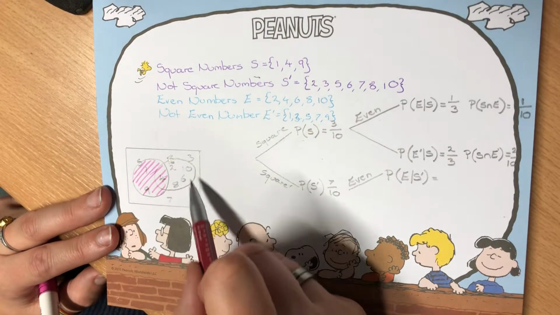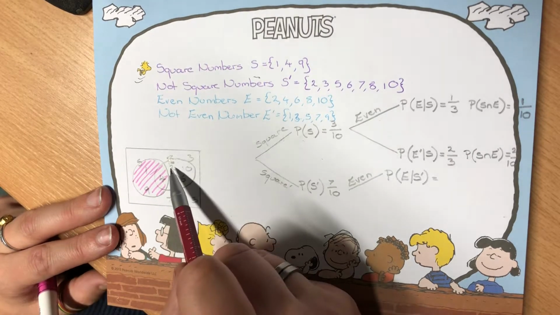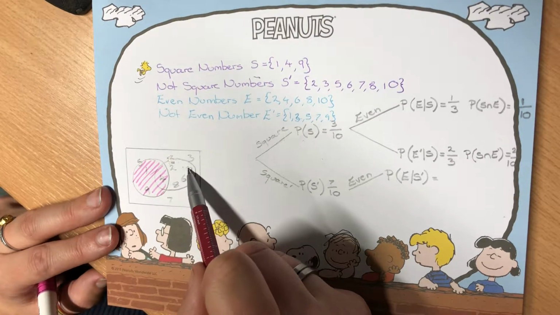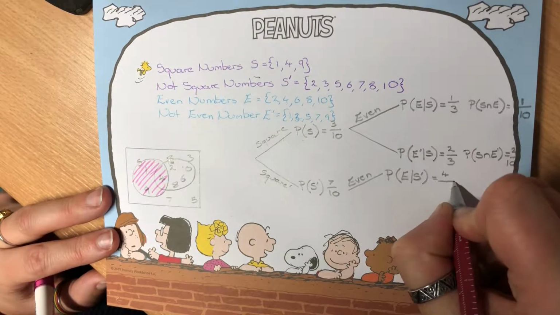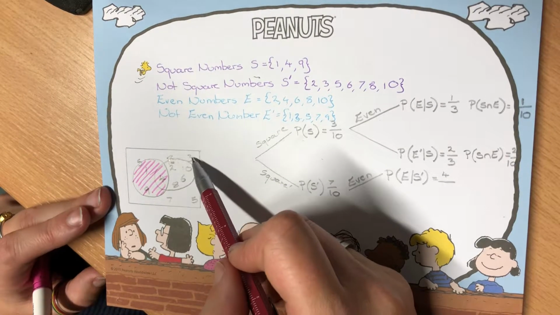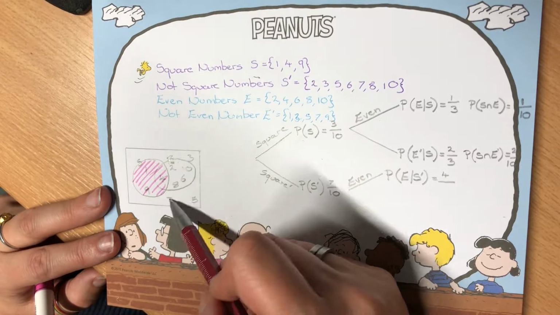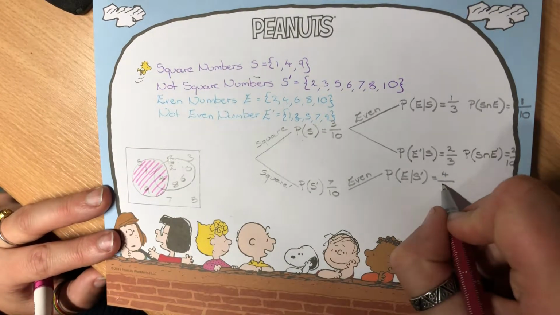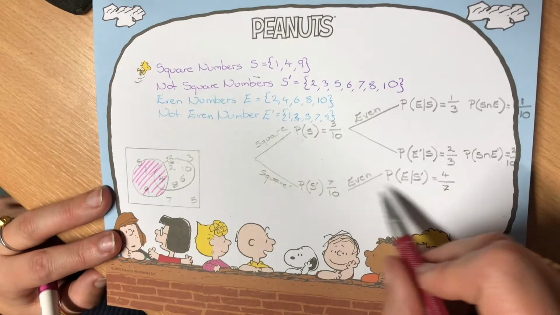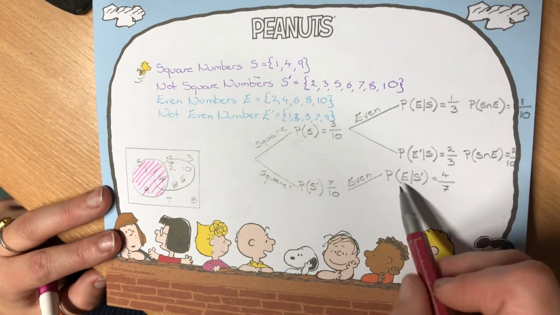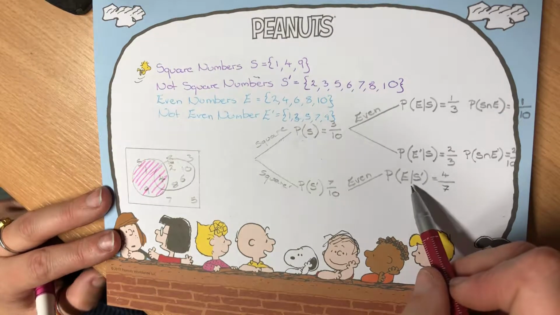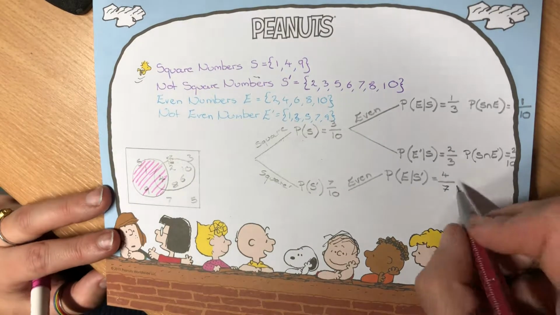The not pink bits are the not square bits, and we've got 1, 2, 3, 4 that are even and not square out of 1, 2, 3, 4, 5, 6, 7. So the probability that it's even given that it's not square is 4 out of 7.